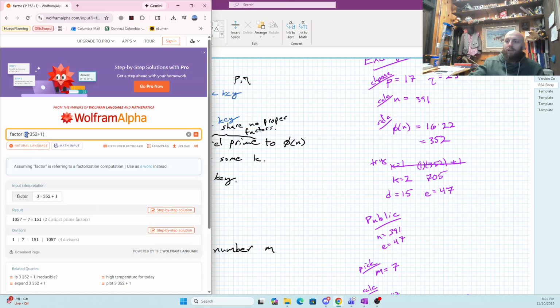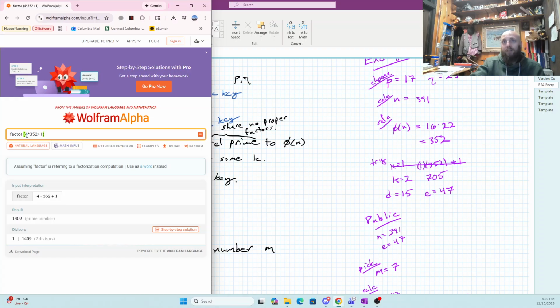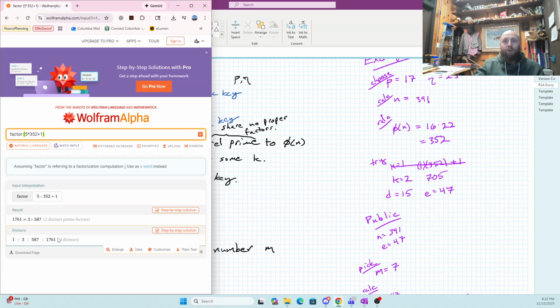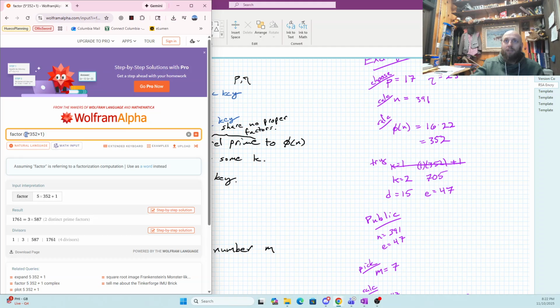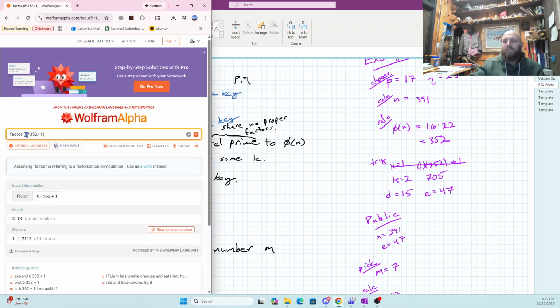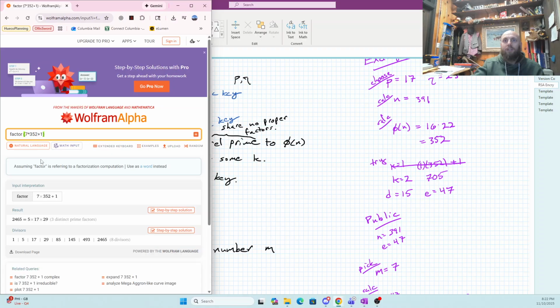That's probably not great, but those would work as a pair. When we do 4, we get a prime number. When we do 5, we get something factorable again. Those aren't great numbers to use. Okay, 6 doesn't give us anything really useful. Okay, 7 gives us a nice combination. So we could use 5 times 17 and 29 as an option for our D and E. Those would also work. That would be a different encryption, decryption pair. Same N, works the same. That would be another option.